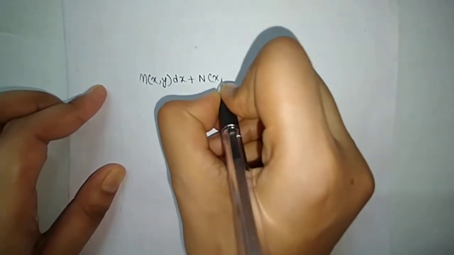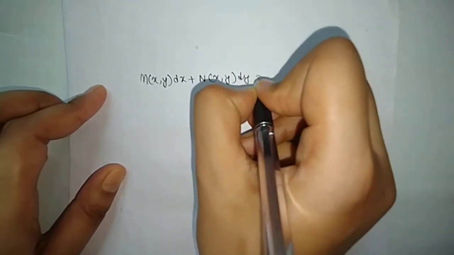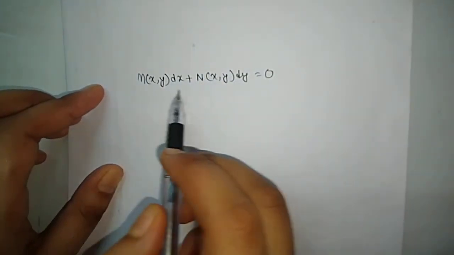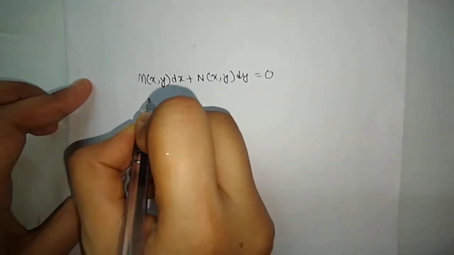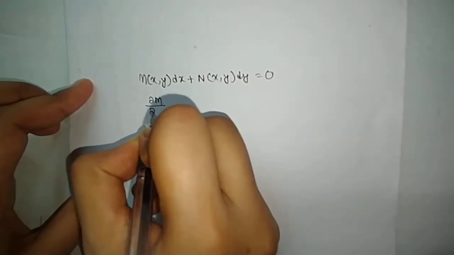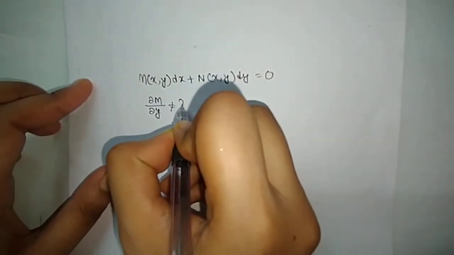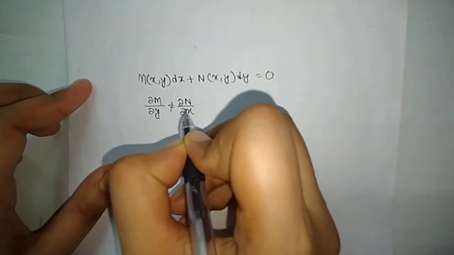Consider the differential equation M(x,y) dx + N(x,y) dy = 0. If the equation is not exact, then ∂M/∂y ≠ ∂N/∂x.